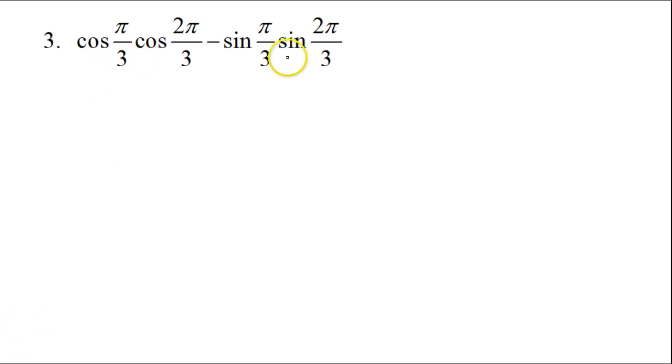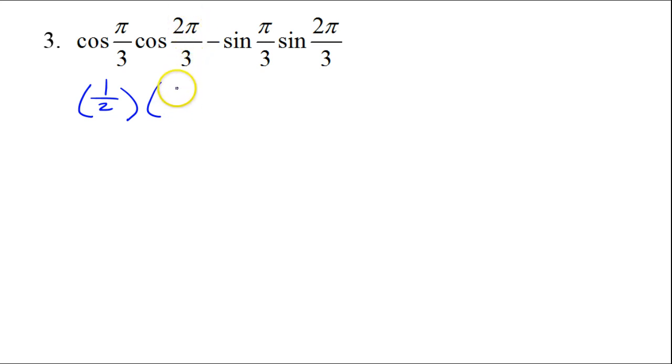Alright, for number 3, half the work has been done for us. The formula has already been used, and we already have special angles. So we can just dive in and evaluate. Cosine of pi over 3, we've memorized that that is 1/2. What about cosine of 2 pi over 3?